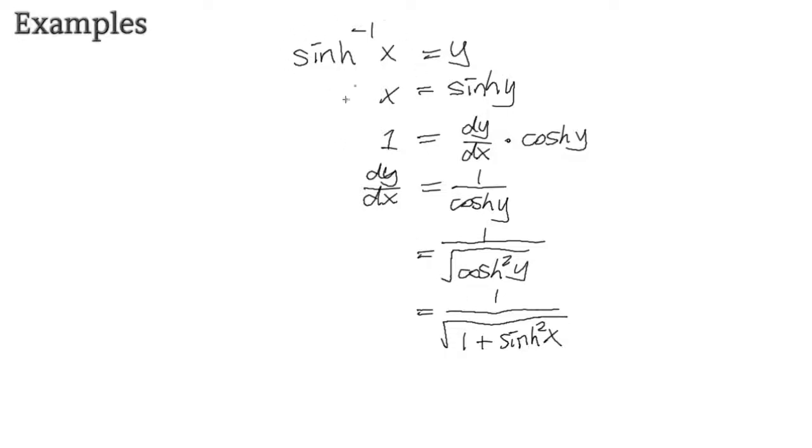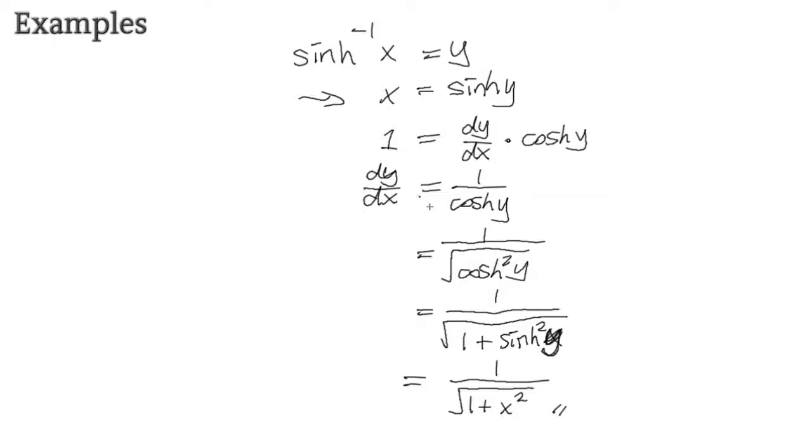Now we can substitute the y, actually this is y, my bad. So we can substitute this equation into the solution to get 1 over the square root of 1 plus x squared as our expression for the derivative of our inverse sinh function.